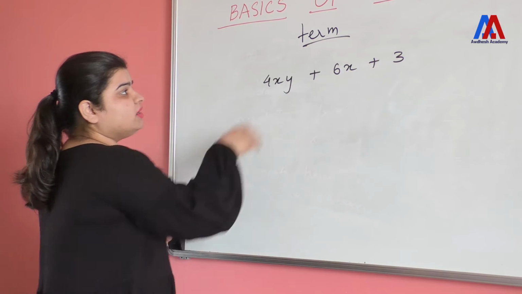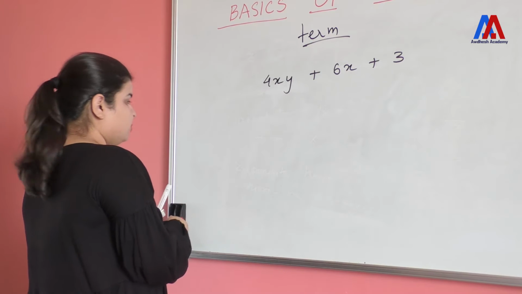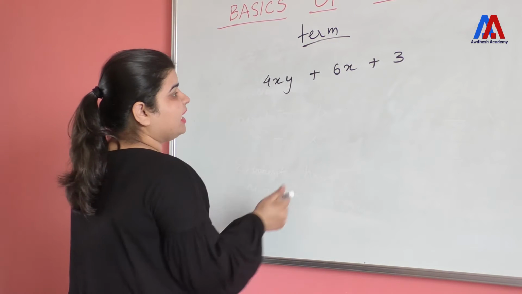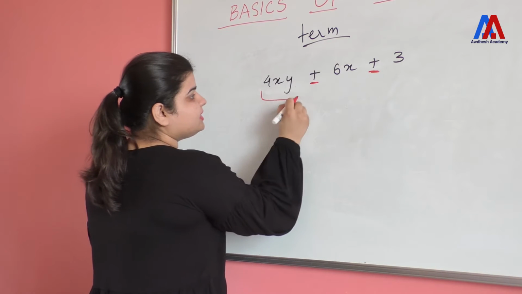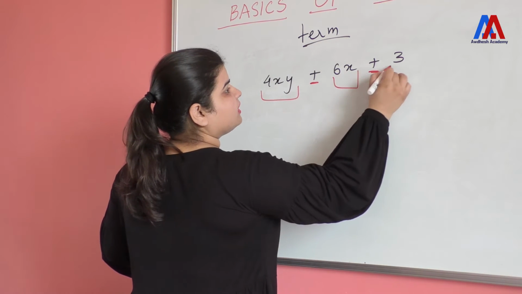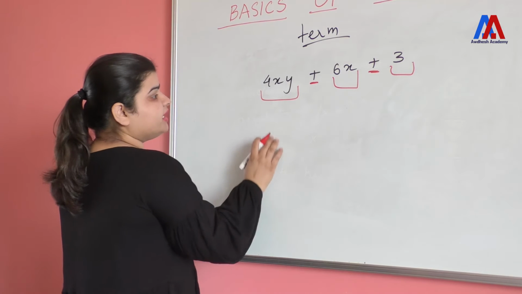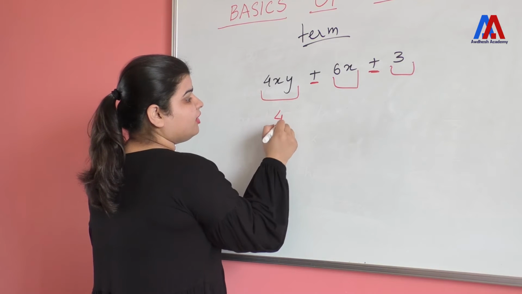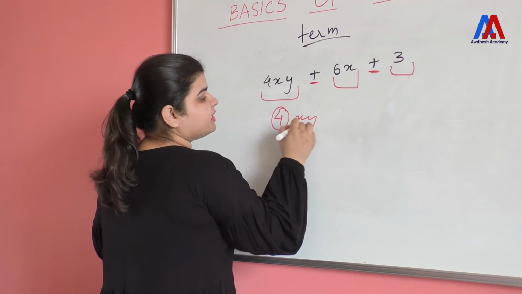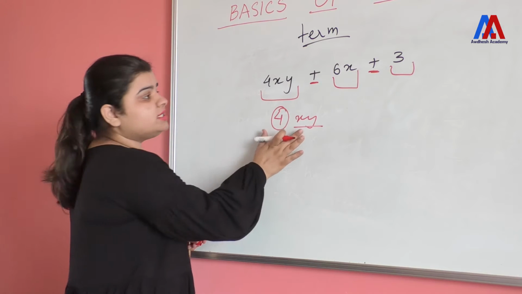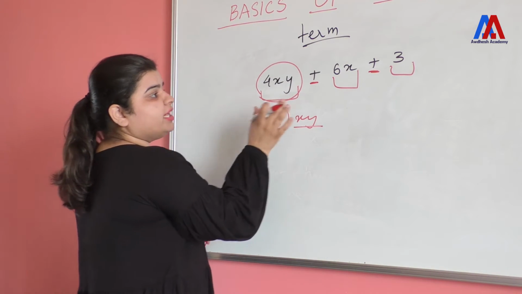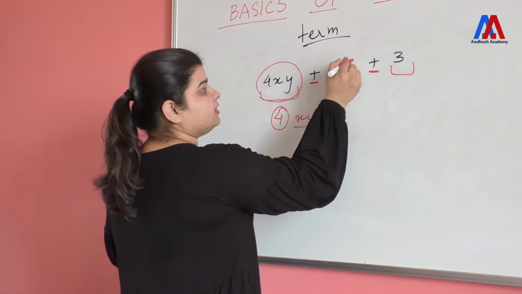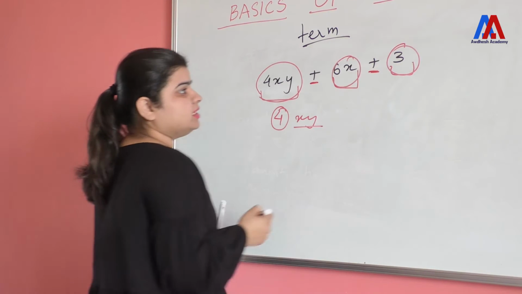Now a term is defined as whatever expression we have between the operators, that is this is one term, this is one term and this is one term. Don't get confused and say 4 is another term and xy is another term. This is not the case. The entire 4xy, that is whatever you have between the operators, is a term.